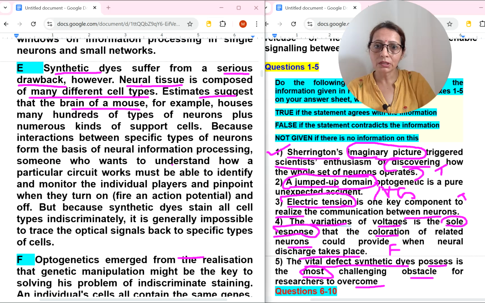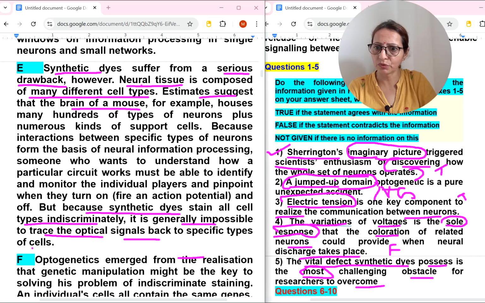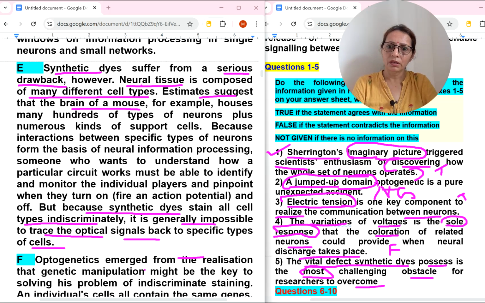But because synthetic dyes stain all cell types indiscriminately, it is generally impossible to trace the optical signals back to specific types of cells. Now, in another paragraph, they have started talking about something different. So I will mark it not given.